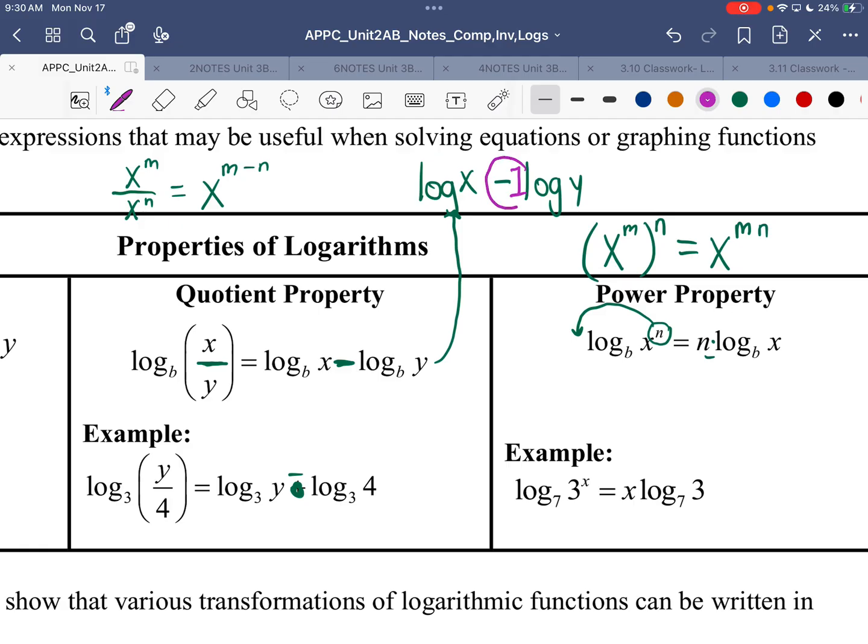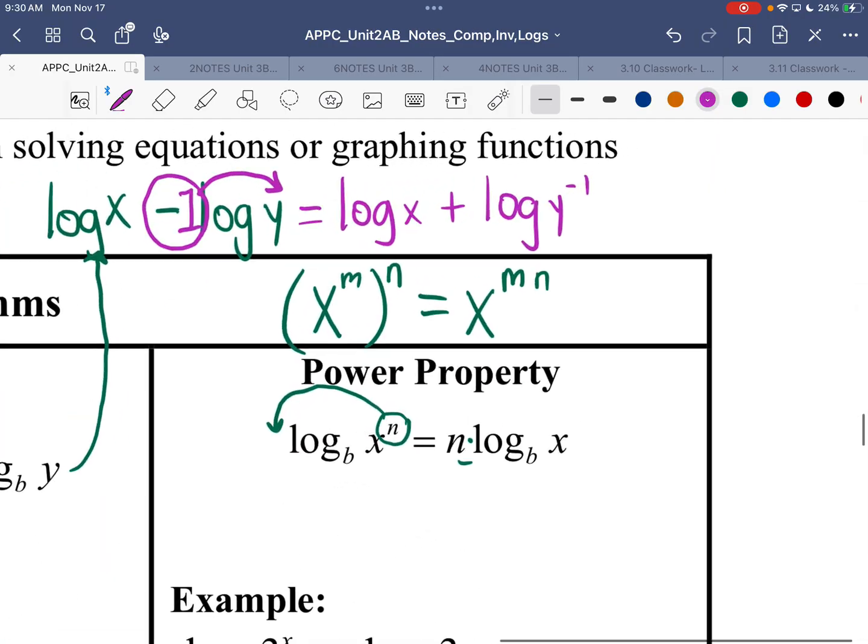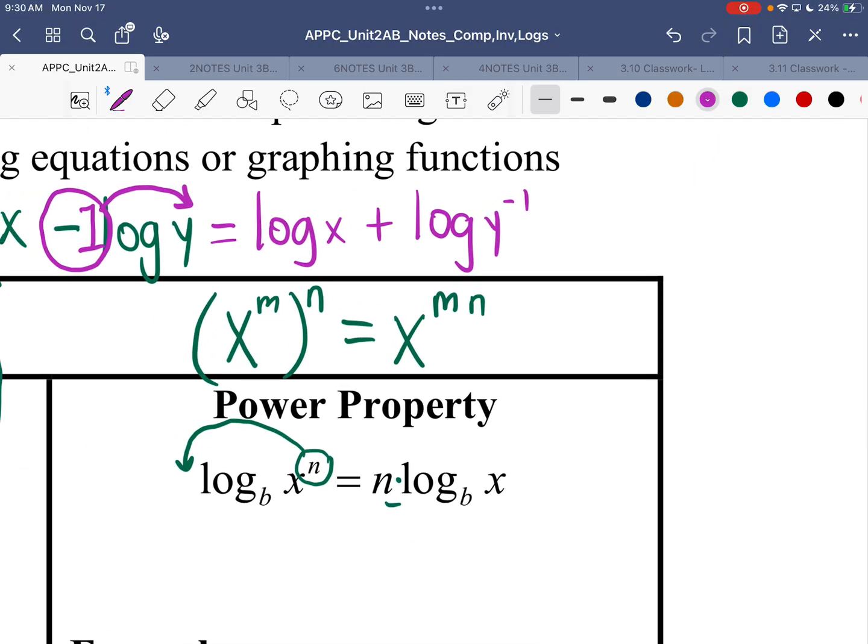Yeah, -1. So I can move the -1 into the exponent. So really now I have log x plus log y to the -1. And what does something being raised to the -1 power do? It flips it as a fraction. So you're going to have log x plus log 1 over y.